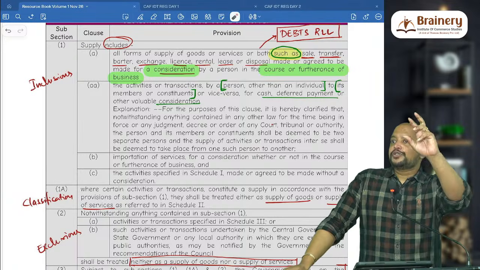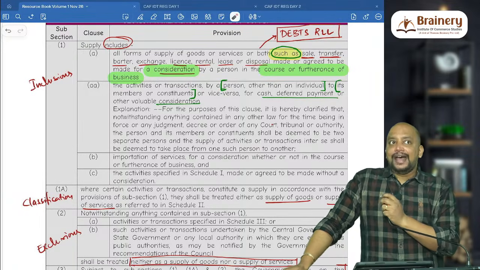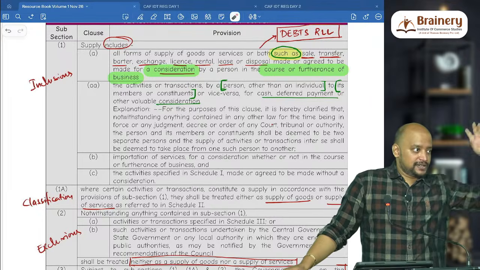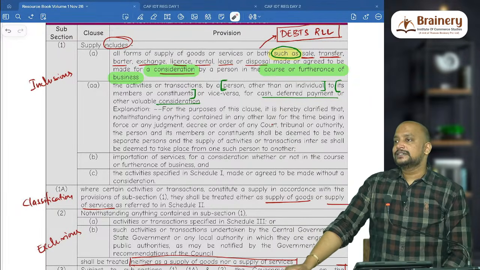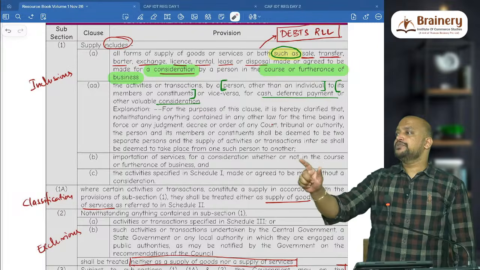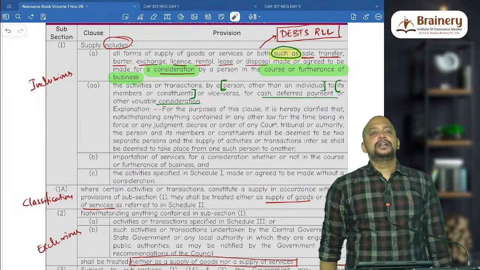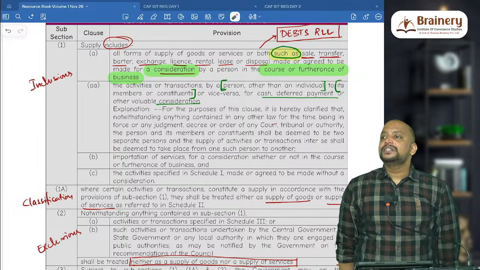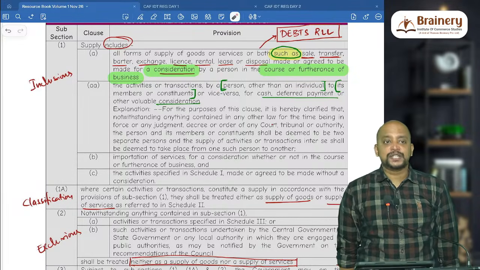In 2018, one Supreme Court decision came. That Supreme Court decision was given in the context of service tax. In service tax, there was an issue, the same issue with which I started this concept. There is a housing society or a housing association which is collecting maintenance charges from its members.